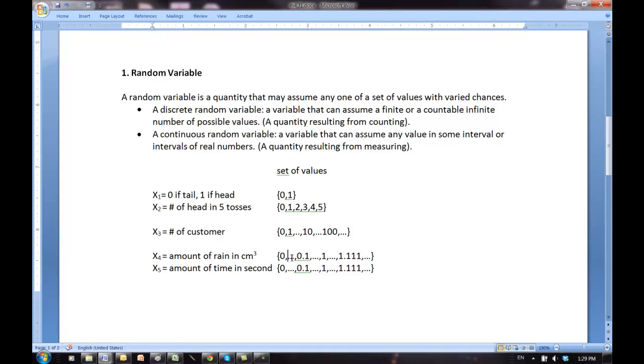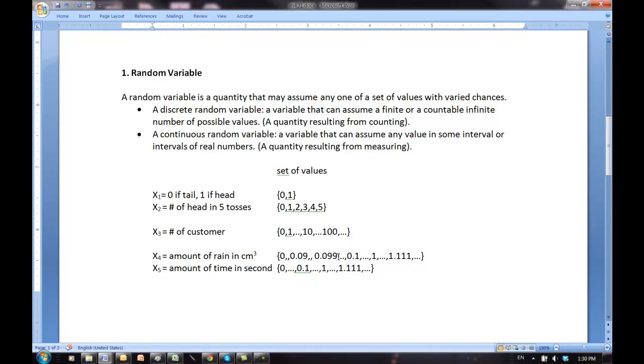Because based on the accuracy of measurement, I can insert an infinite number of different numbers between these two numbers, such as 0.009 or 0.099 or 0.0999. You get the idea.